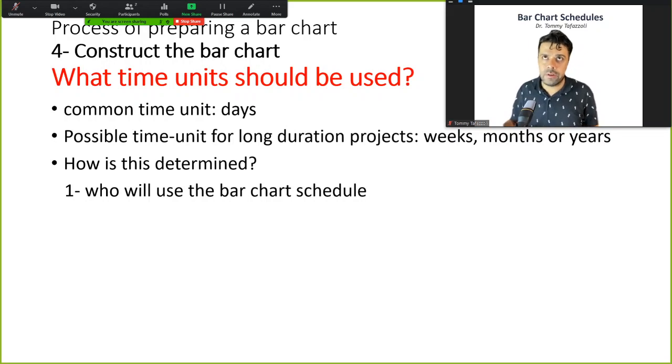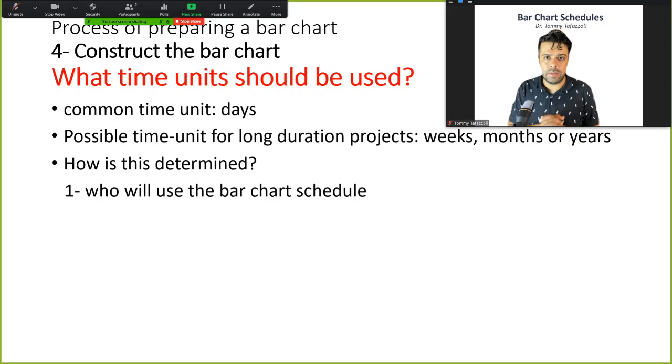For example, if you're talking about different phases of, for example, a power plant that has 24 different phases, and it's going to take maybe 9 years to finish all those 24 phases, then the bar chart you provide for the managers of the system would be something that just shows things in months, or even in seasons, a quarterly bar chart.